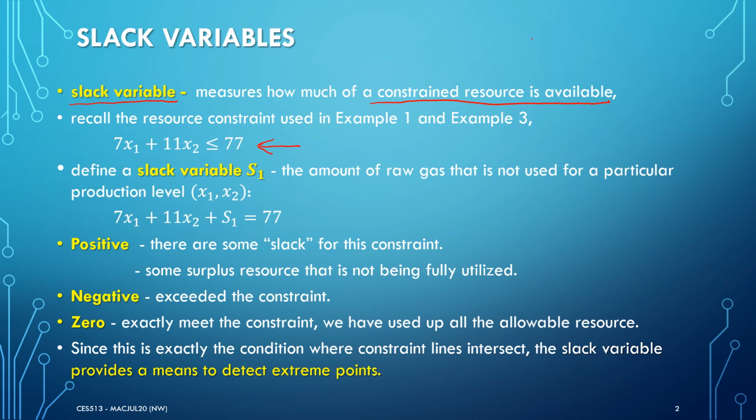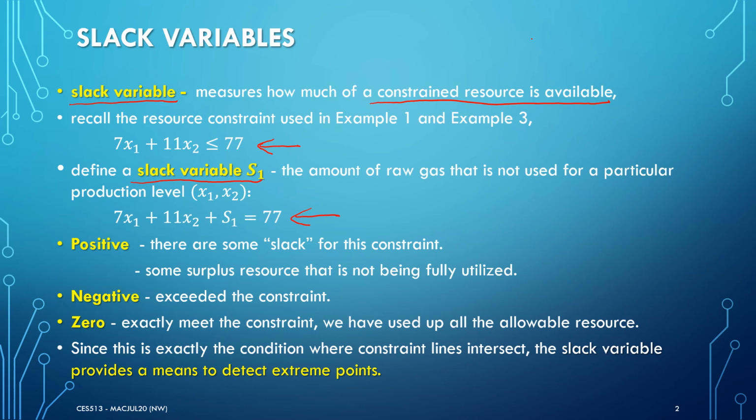We can define a slack variable S1 as the amount of raw gas that is not used for a particular production level, which is x1 and x2. If this quantity S1 is added to the left side of the constraint, it will make the relationship 7x1 plus 11x2 plus S1 equal to 77.